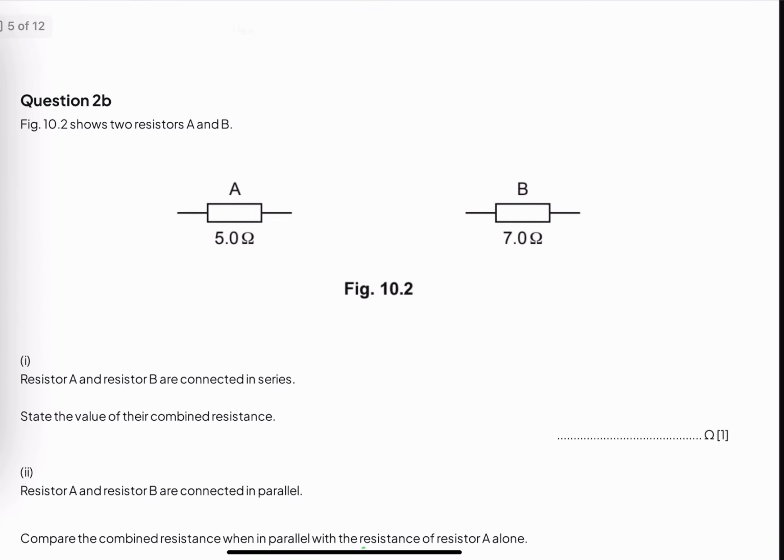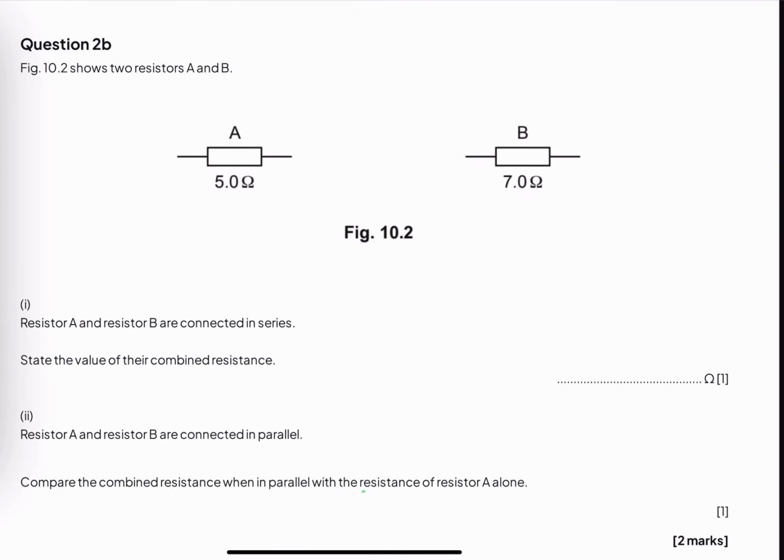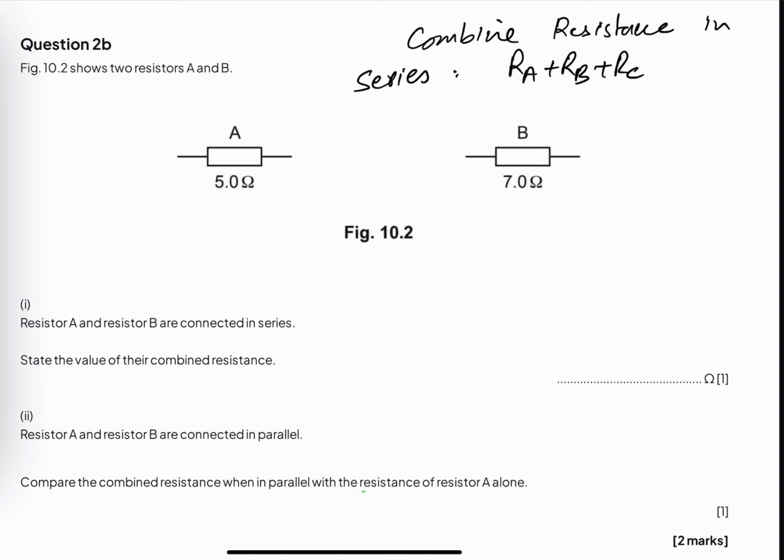Question 2b shows two resistances A and B. Resistor A and resistor B are connected in series. You have to state the combined resistance. So you have to remember the formula for the combined resistance. Combined resistance in series is simply added up, RA plus RB plus RC. That was the formula.